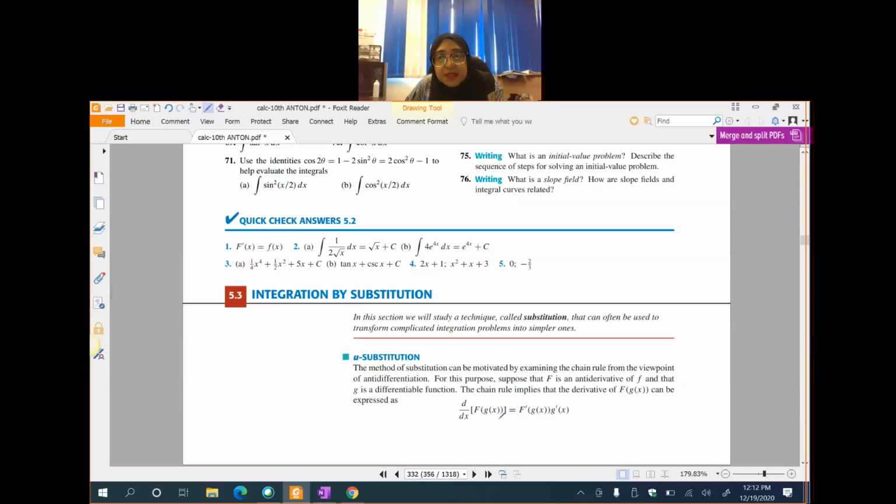Okay. So for the next method, or the next subsection, will be integration by substitution. I've mentioned this in the previous example, I think we even solved one of the examples by using substitution. So substitution is a method that you always try first whenever you want to solve an integration.